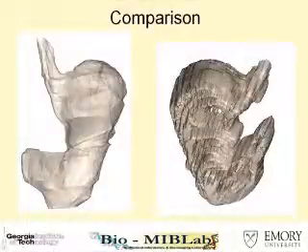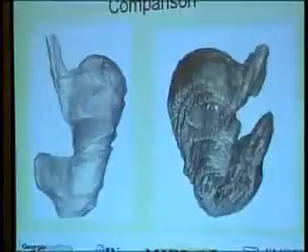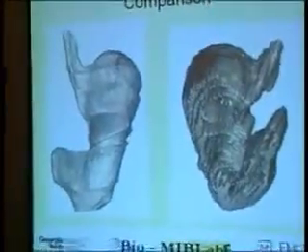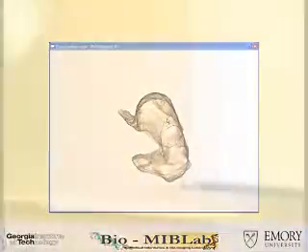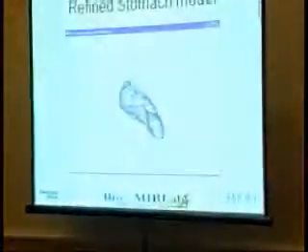So using the information from the visible human model as well as some morphing techniques, we were able to improve the model. And you can compare the initial starting model and the improved model which we generated for the infant stomach. This video also shows you the different views of that particular model.